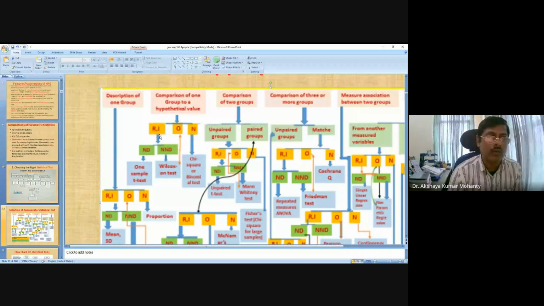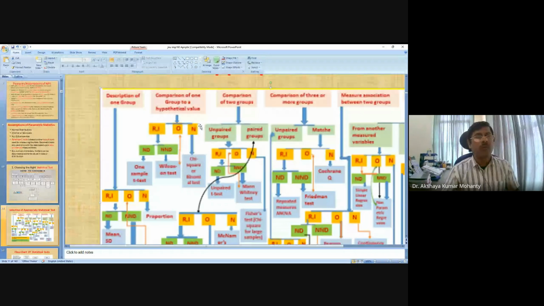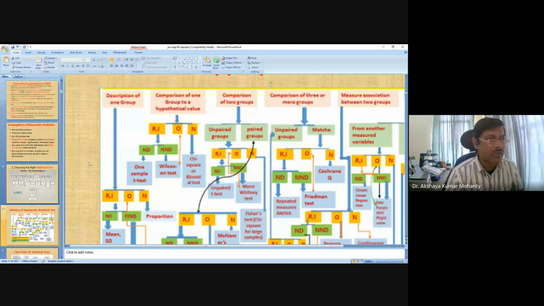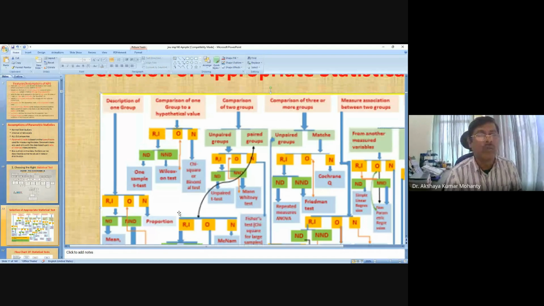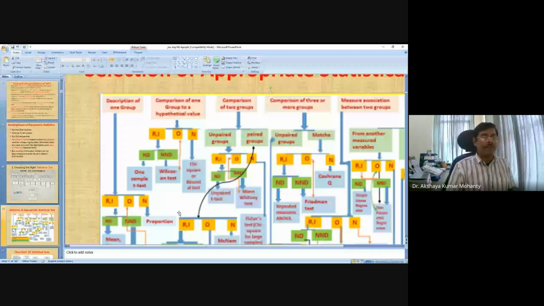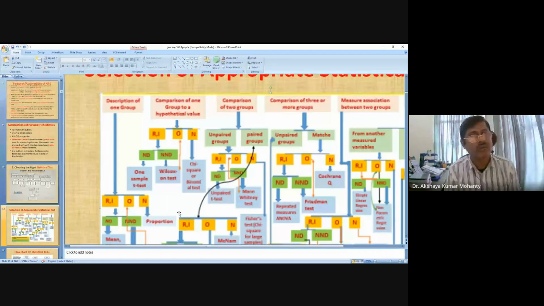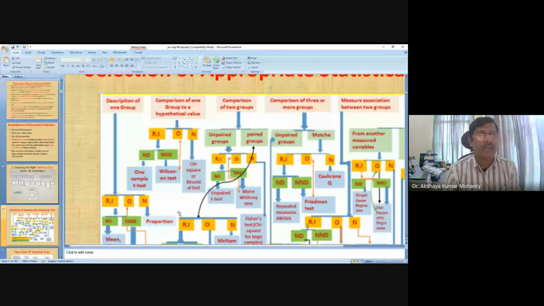So now with these scales of data, how will we form the test? That is another technique. The previous slide was one of the techniques, and this slide is another technique with respect to the scales of data. Already I told you four scales are there for the data sets: one is the ratio scale, one is the interval scale, one is the ordinal scale, and another is the nominal or categorical scale.